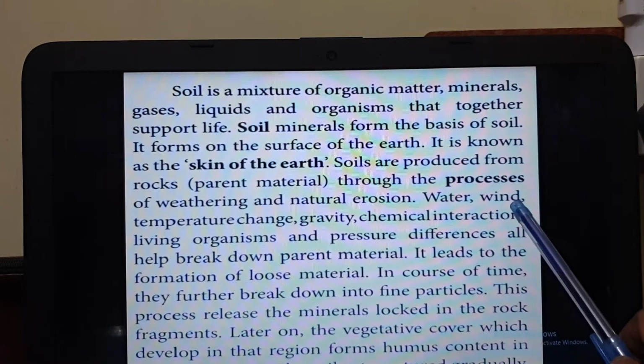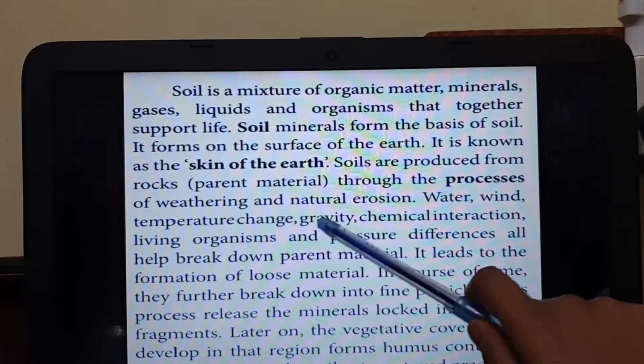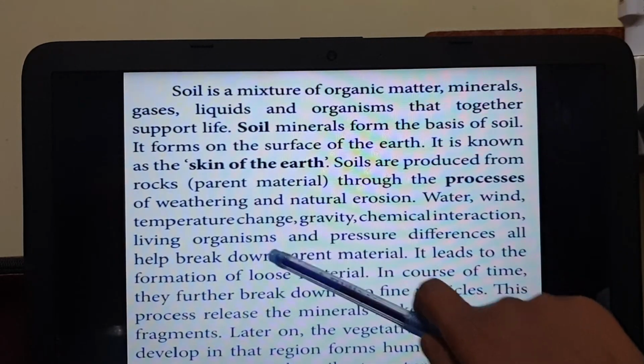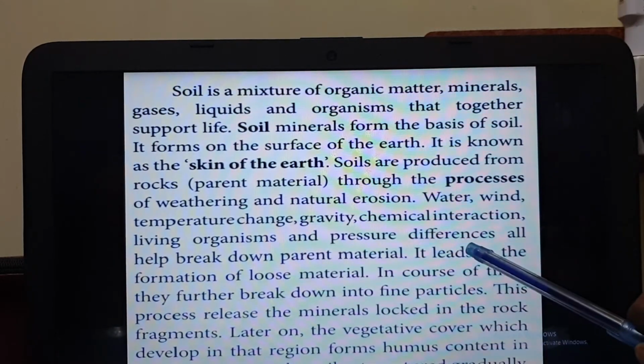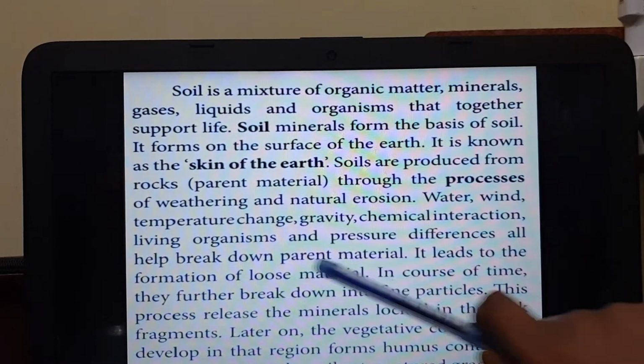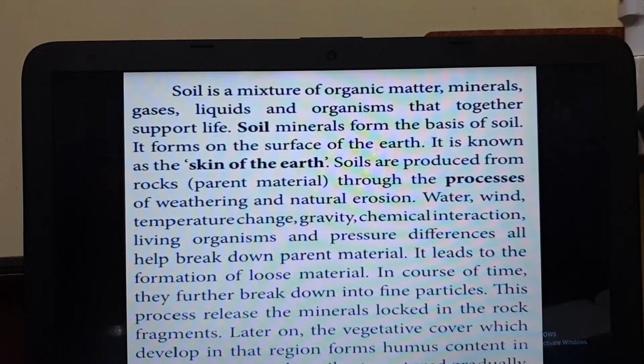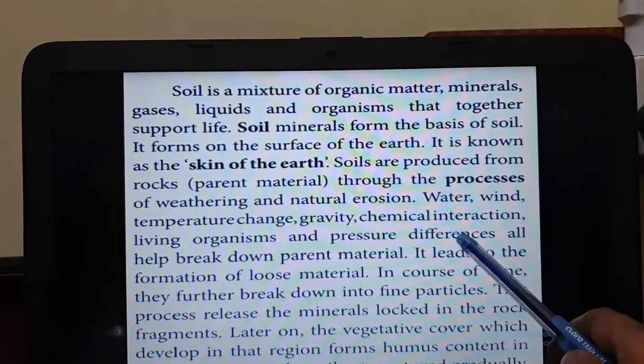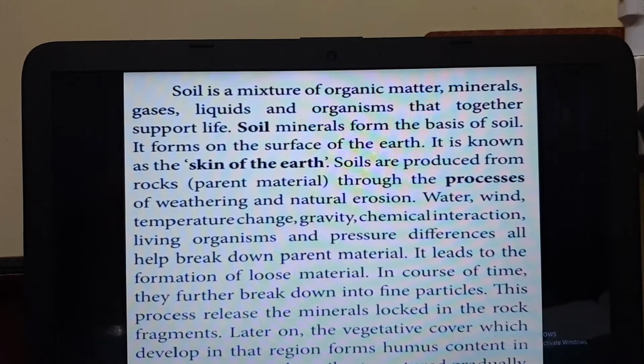Water, wind, temperature changes, gravity, chemical interaction, living organisms and pressure differences all help break down parent material. All these natural erosions give more pressure to make the rock break into particles.